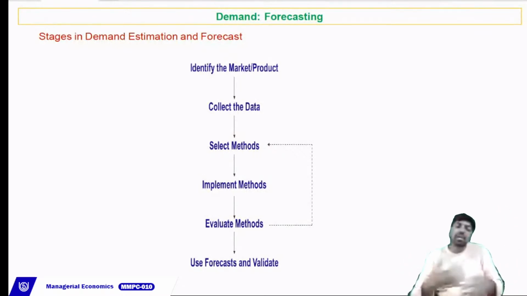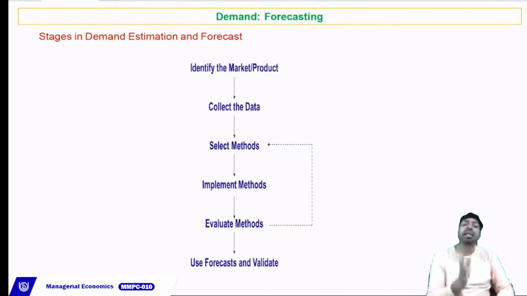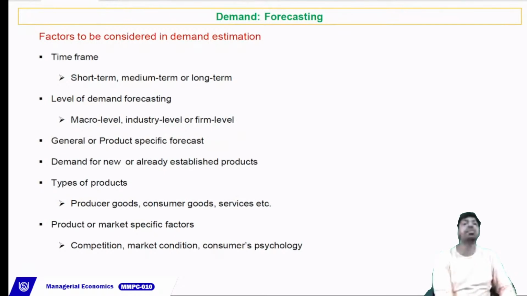Accordingly, the method would be selected, and once the appropriate method is selected, implement that method. Then evaluate the method, forecast accordingly, and validate that forecast for future purposes. These are the factors to be considered in demand estimation.